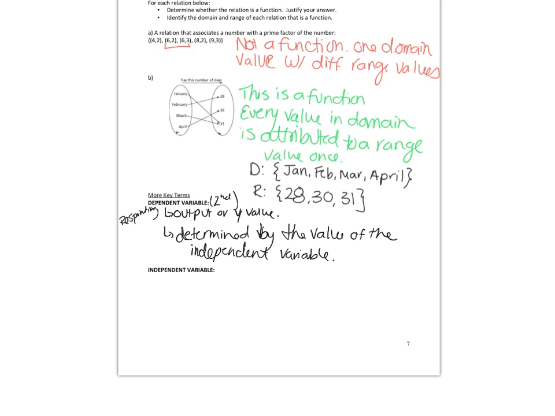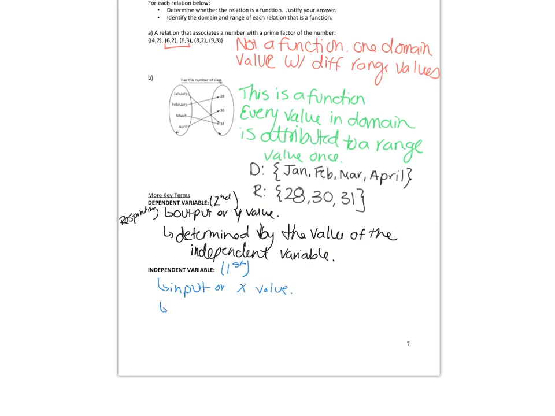Okay, so the dependent variable here would be the distance traveled. The independent variable would be time. The independent variable, again, is typically listed first in our tables. It is the input or x value.